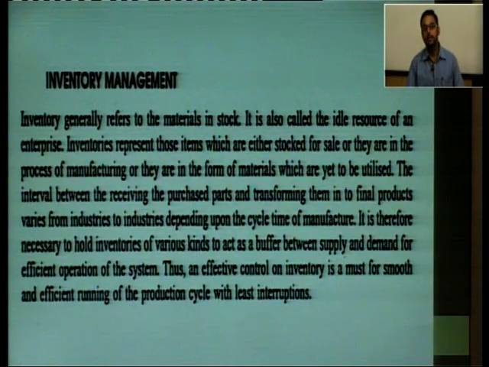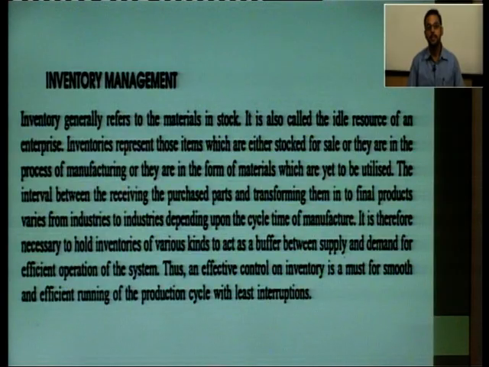It is not that if you buy a size 9 shoe, there is no other size 9 pair in the stock of that shopkeeper. So, he has to maintain that particular inventory to accommodate customers if they come to him. Such management is known as inventory management. It is also called the idle resource of an enterprise.